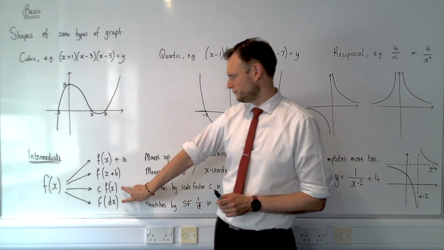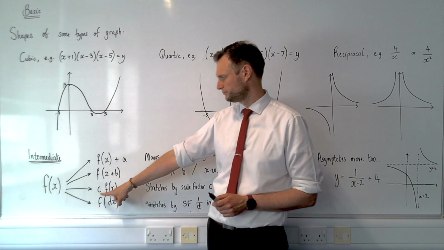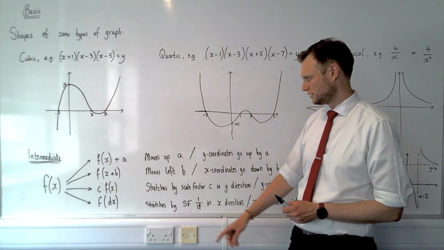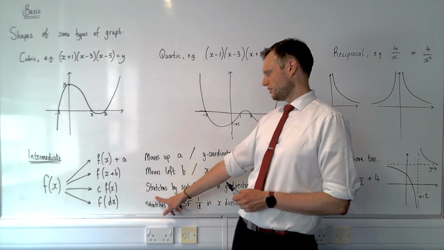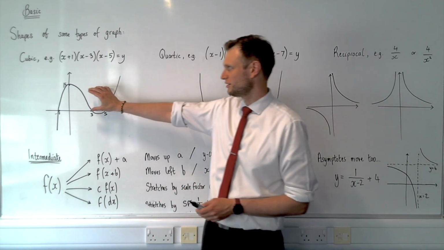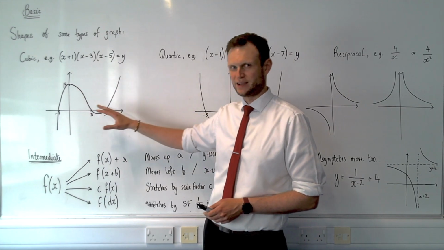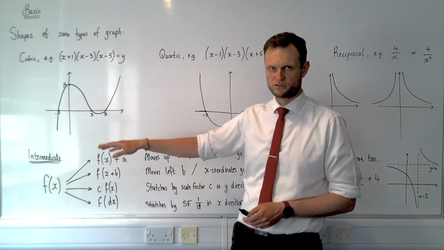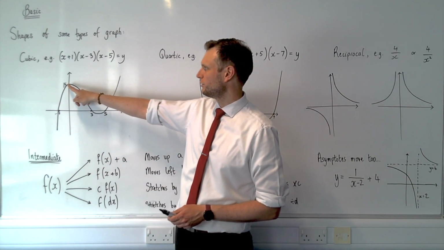For the bottom two stretches, c f of x, we're multiplying f of x by a constant. That means it stretches by a scale factor of c. So again, it would stay the same basic shape, and it would still go through all the same roots, but this point here would be twice as high.